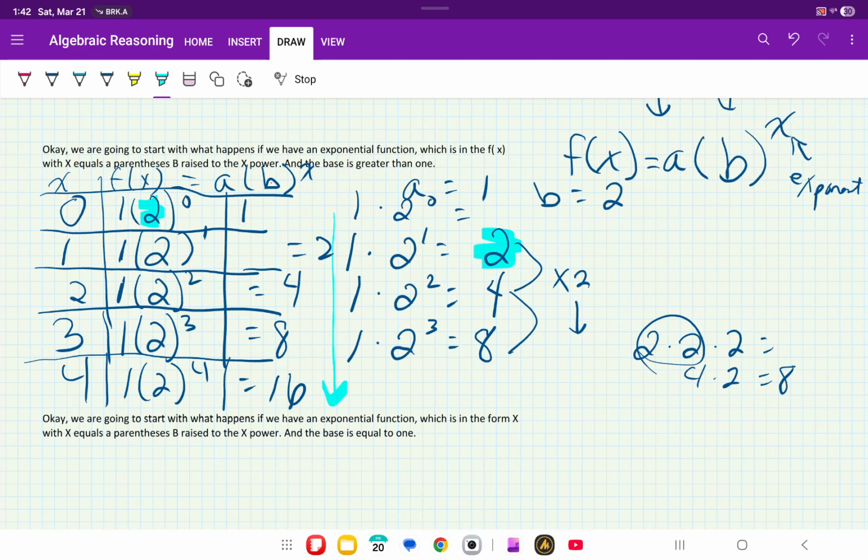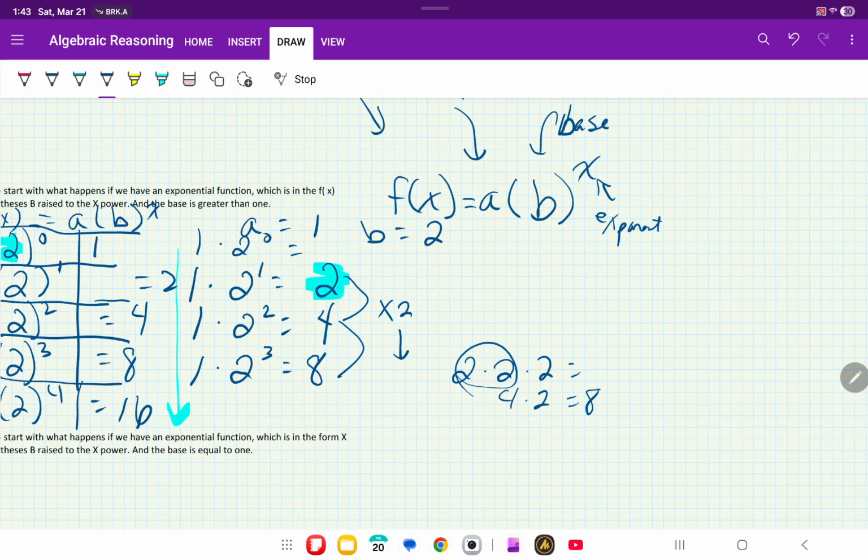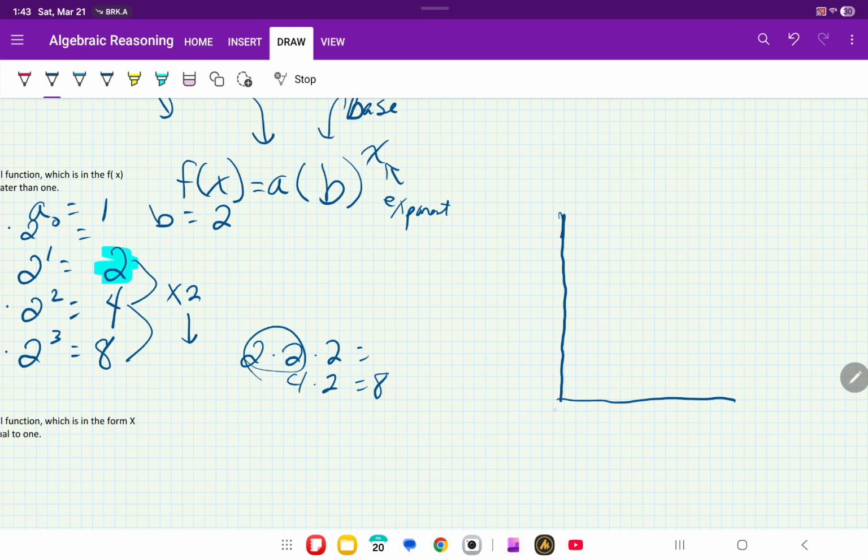Now, before we go, we're going to graph what it kind of looks like, sketch it out over here. That's why I put this graph paper up. Sketching doesn't have to be very pretty. Let's do this in colors. I'm going to put 0 here, and I'll go all the way to 16. 1, 2, 3, 4, 5, 6, 7, 8, 9, 10, 11, 12, 13, 14, 15, 16.